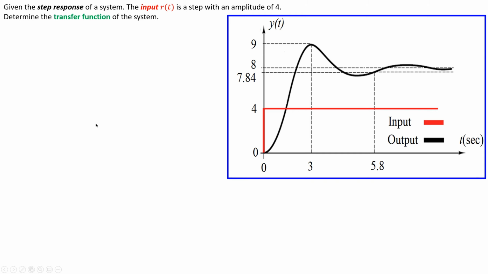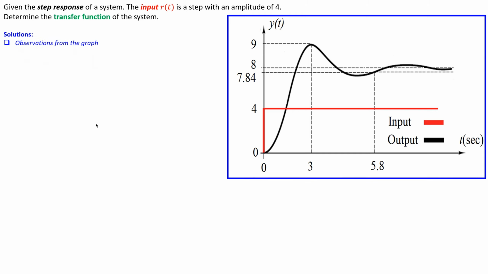So what do we do? Let's look at our solutions. Observations from the graph, and specifically the output: we can see that the curve has a shape of a higher order system, higher than first order. It can be second order, third order, maybe a fourth order system.